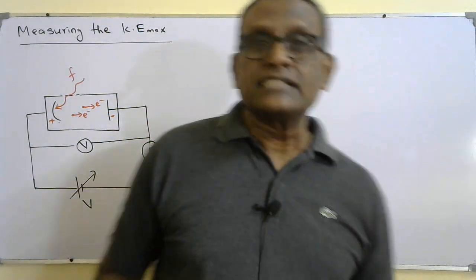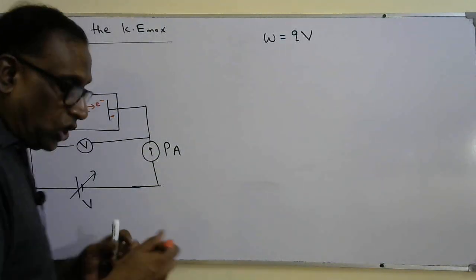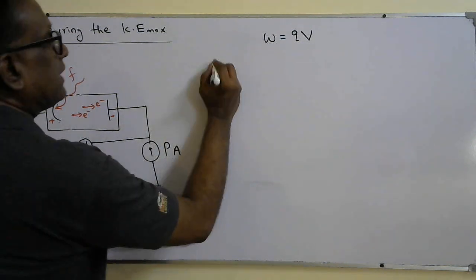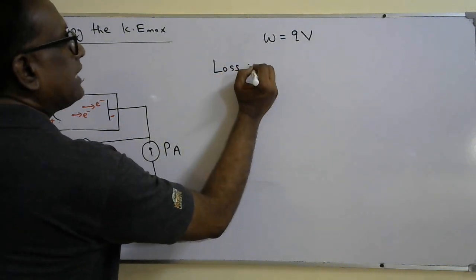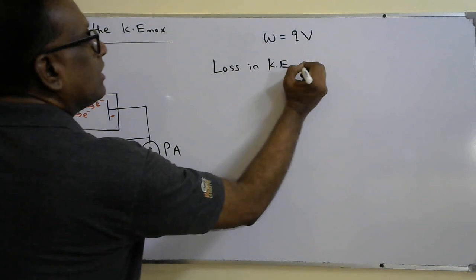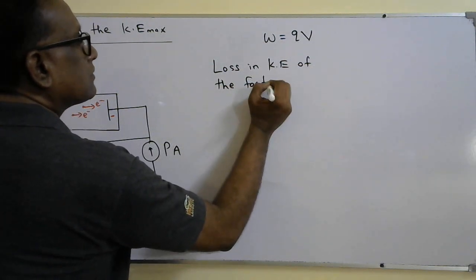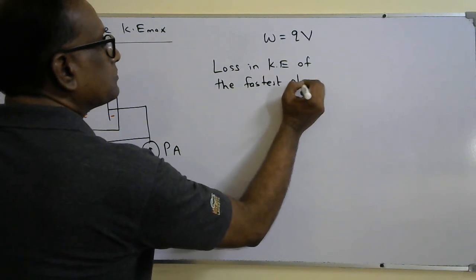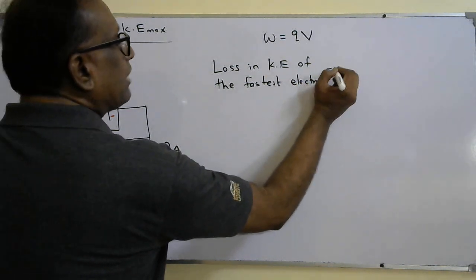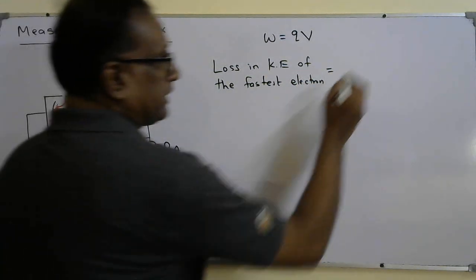So when the fastest electron is stopped, we can write: loss in kinetic energy of the fastest electron equals gain in electrical potential energy.